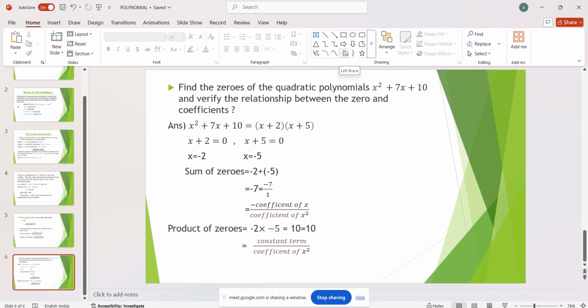Look at that, a plus b means two numbers that add up to 7, and the same two numbers multiply to give 10. Which numbers?